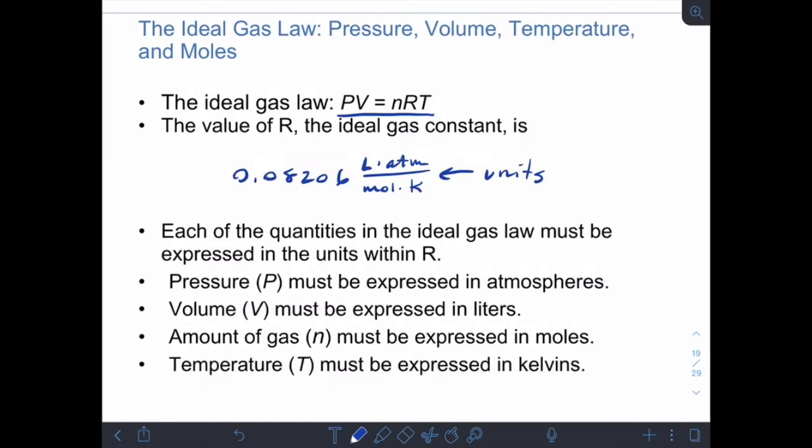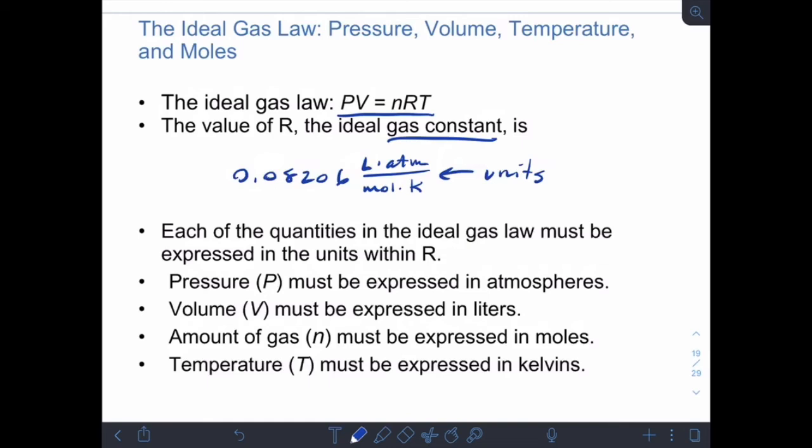If you have to use R in any equation, the units have to match R. Since R is a constant, everything else has to change to match R. So pressure has to be in atmospheres, volume in liters, amount of gas in moles, and the temperature must be in Kelvin.